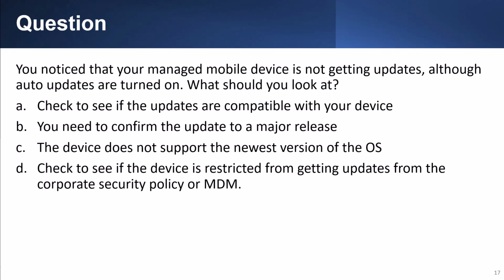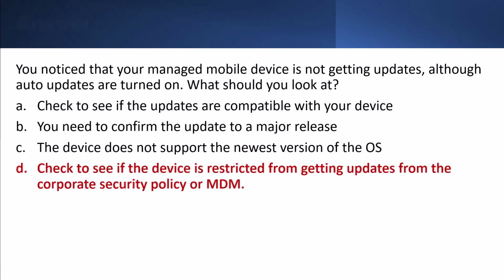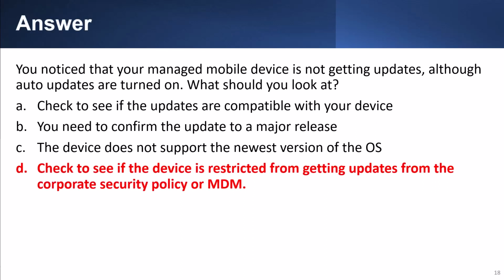Question: you notice that your managed mobile device is not getting updates, although auto updates are turned on. What should you look at? Answer: check to see if the device is restricted from getting updates from the Corporate Security Policy or MDM.